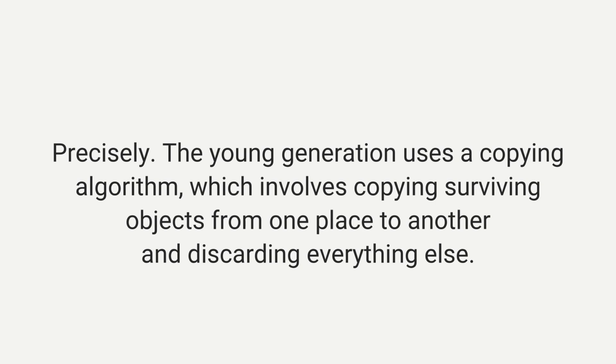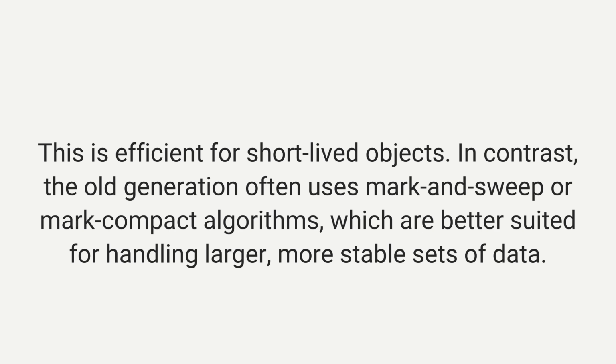Precisely. The young generation uses a copying algorithm, which involves copying surviving objects from one place to another and discarding everything else. This is efficient for short-lived objects. In contrast, the old generation often uses mark and sweep or mark compact algorithms, which are better suited for handling larger, more stable sets of data.